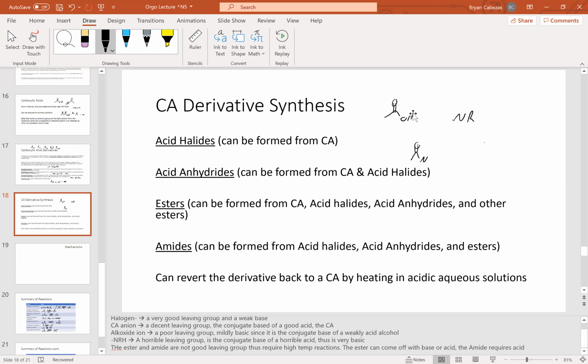So what we have to do if we want to make an amide is first convert our carboxylic acid into an acid halide or an acid anhydride or an ester, and then we can form the amide from those other carboxylic acid derivatives. So let's say you just have your acid chloride as such, and then we can add an amine, and then we can have our amide form.